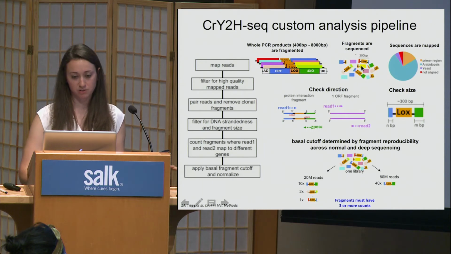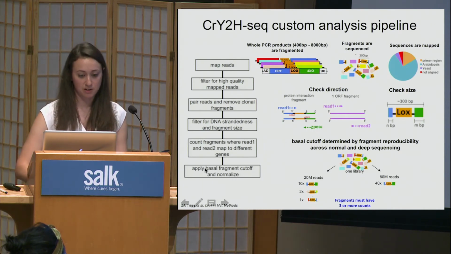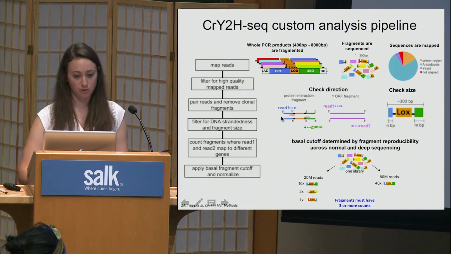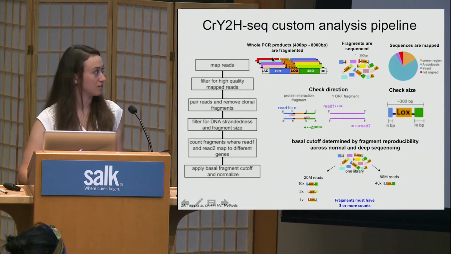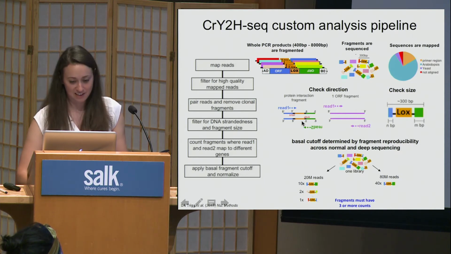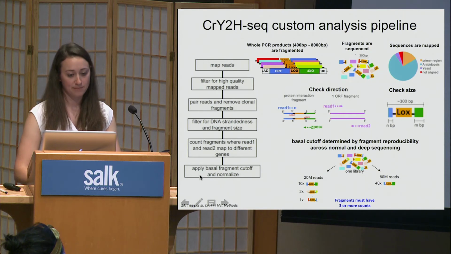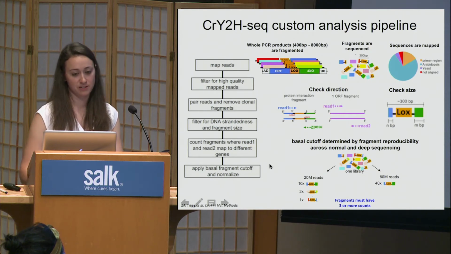Because we know the fragments are a certain size. And then the pipeline counts the fragments where one read is mapping to a different gene than the other read, so that we get fragments that look like this. And the fragments are counted, and then a basal fragment cutoff is applied.